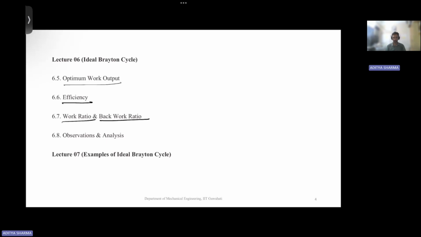Right? If you want to give specifications for some engine, these ratios can prove to be handy. And then what are the observations and analysis based on the topics we have discussed in the ideal Brayton cycle.